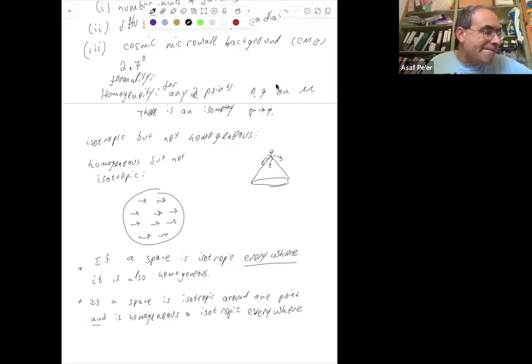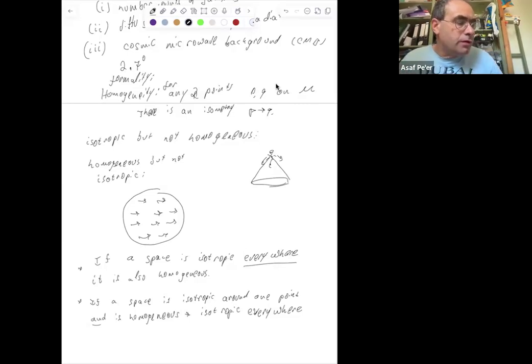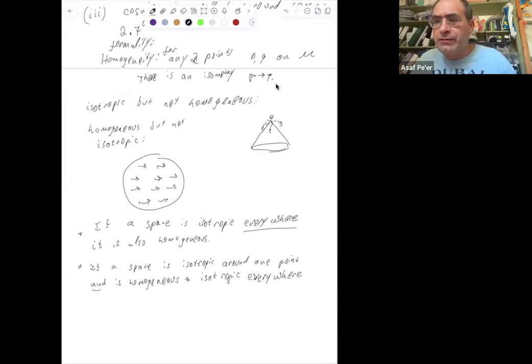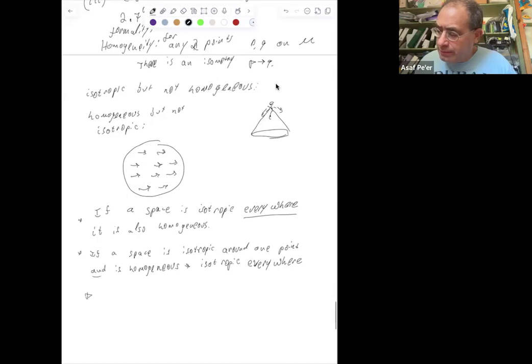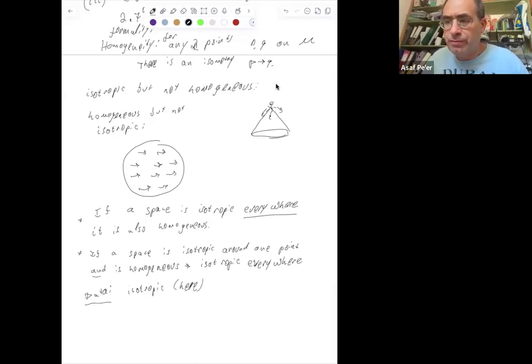Okay, what else I want to say? So obviously, we cannot tell if it's homogeneous everywhere. But from our perspective, there is plenty of evidence that it is isotropic. So the data, these are observations, say we have it isotropic here where we are, from our point of view.